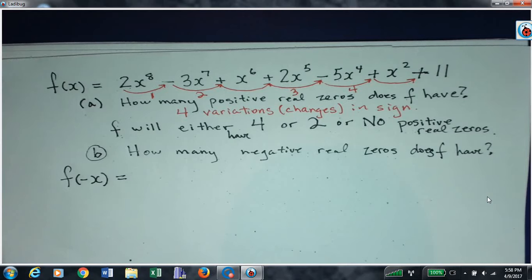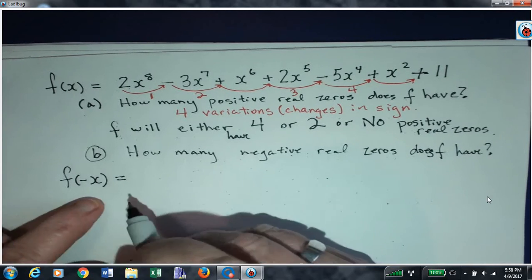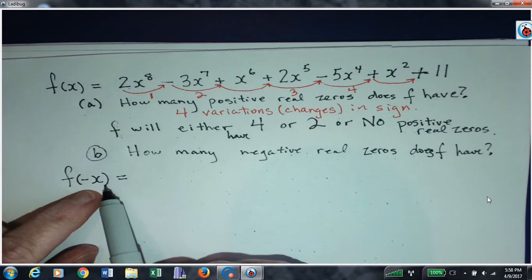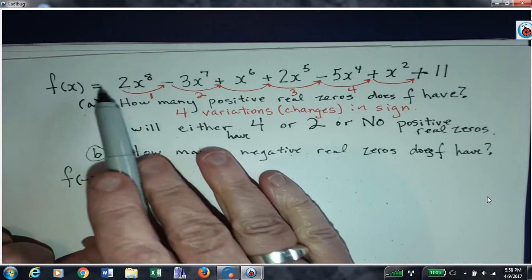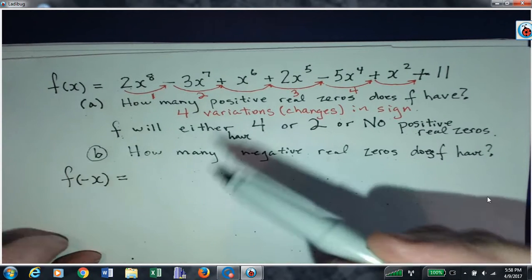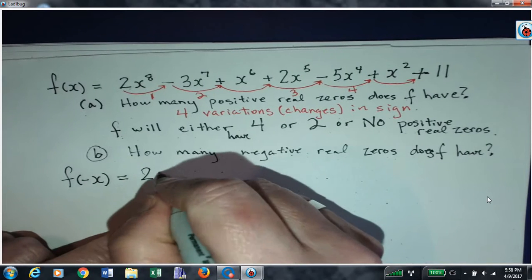Now, how do you write the formula for that? Well, this is the long way. So I'm going to show you the long way, then I'm going to show you the shortcut. So if I want to write the formula for f of negative x, everywhere there's an x in here, I'm going to replace it with negative x in parentheses.